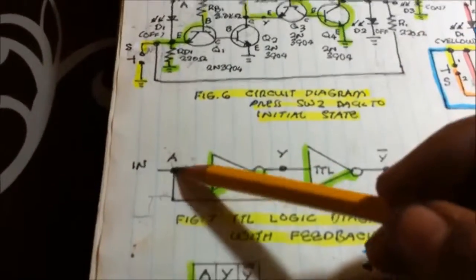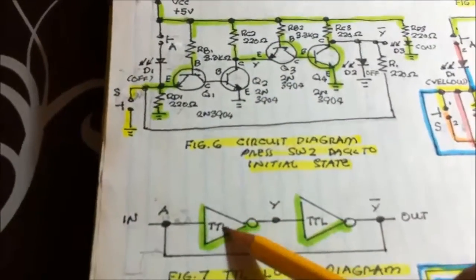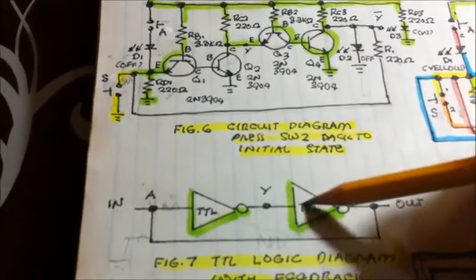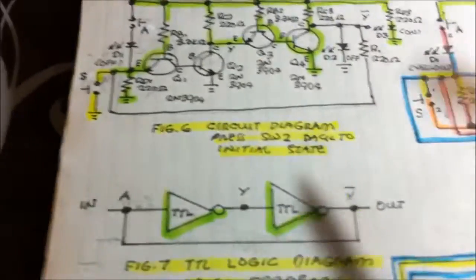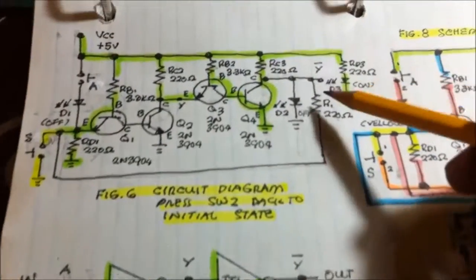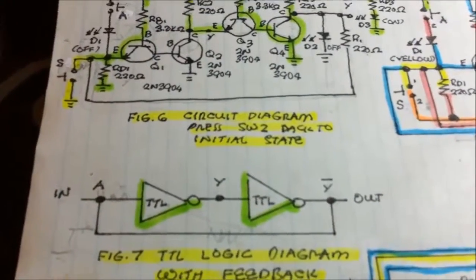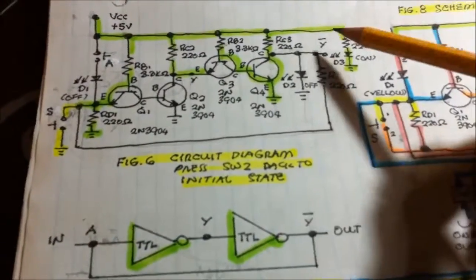We have a truth table here. Our switch is A, and this is the first inverter, TTL technology, and the output Y, which is now the input of the second inverter. And then this is the final output, Y complement. I'm not using Y not or Y bar. I'm using Y complement.